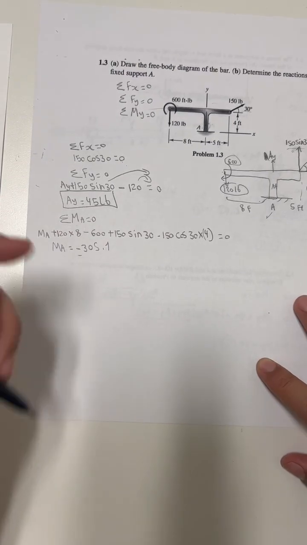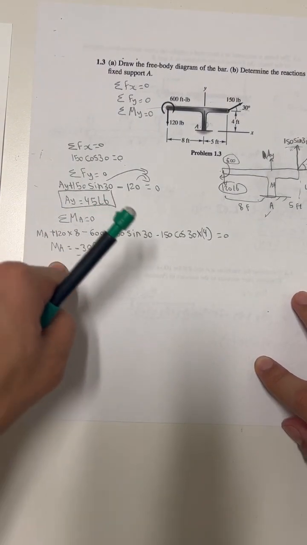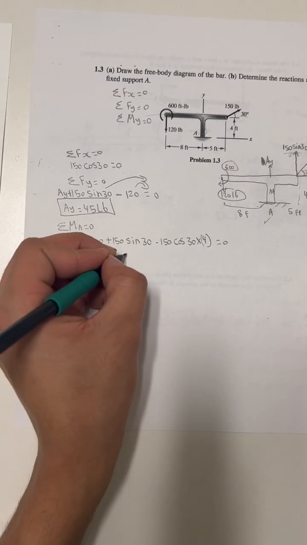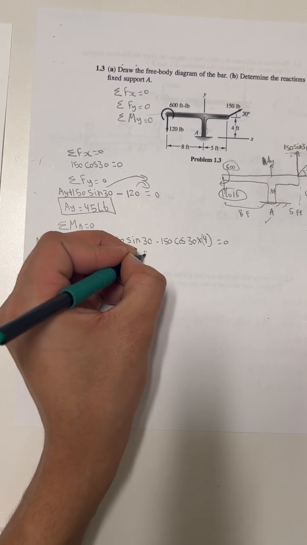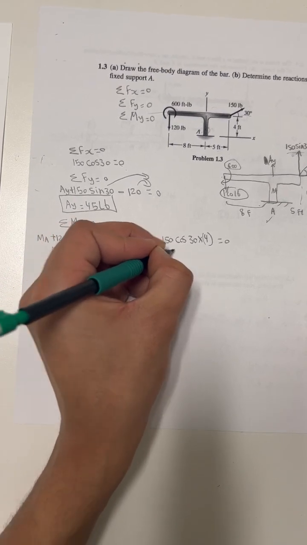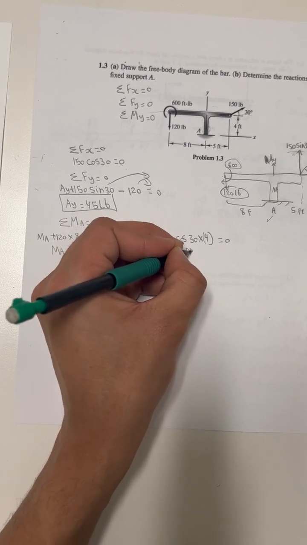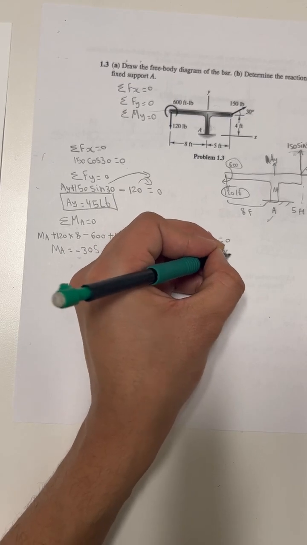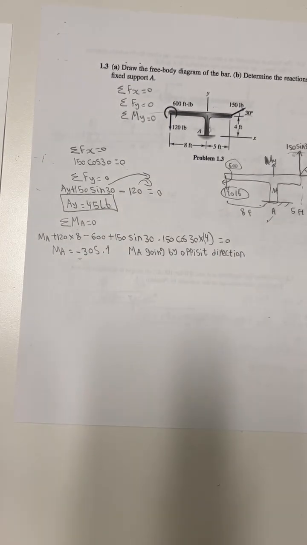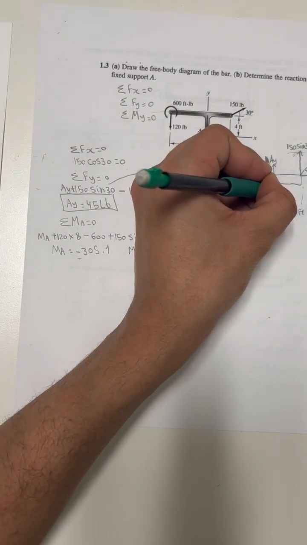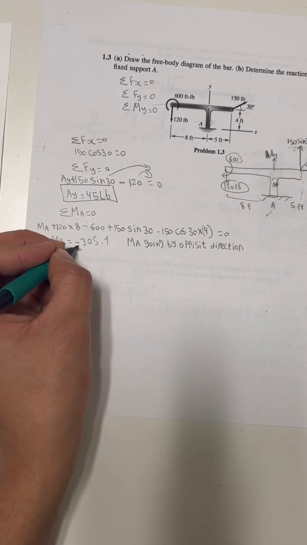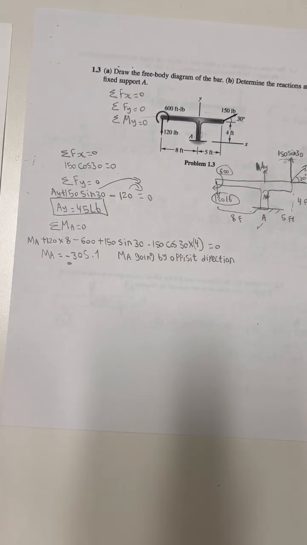What does negative mean? It means it's not wrong, it's just in the opposite direction. We assumed this one was going this way, but it's going to the other side. Any time we get a negative, it's just the direction.